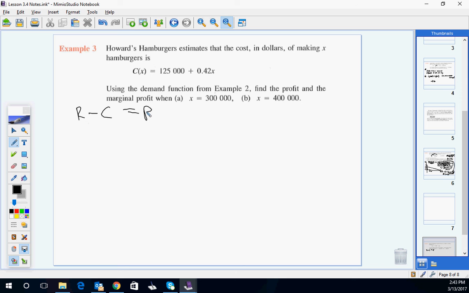Okay, so we know that our revenue is the one we just had, the demand. I wrote it like this just for the sake of it. That's the revenue.